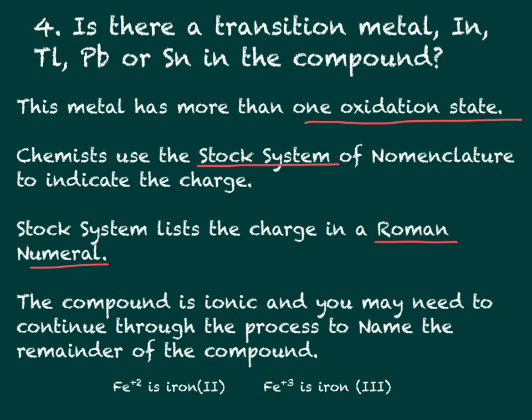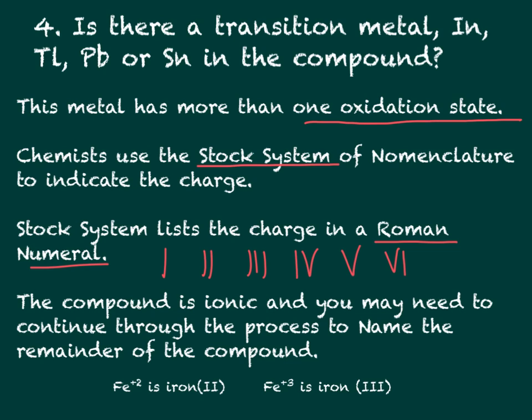Okay? So our Roman numerals are I, II, III, IV, V, and VI for 1, 2, 3, 4, 5, and 6. Very rarely do you have a Roman numeral that will go above 6. The compound is going to be ionic, and you may need to continue through the rest of the process to name the remainder of the compound.